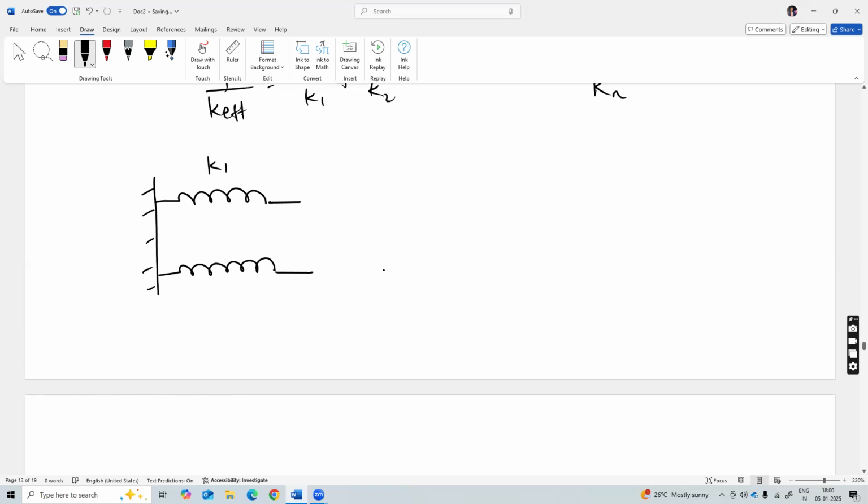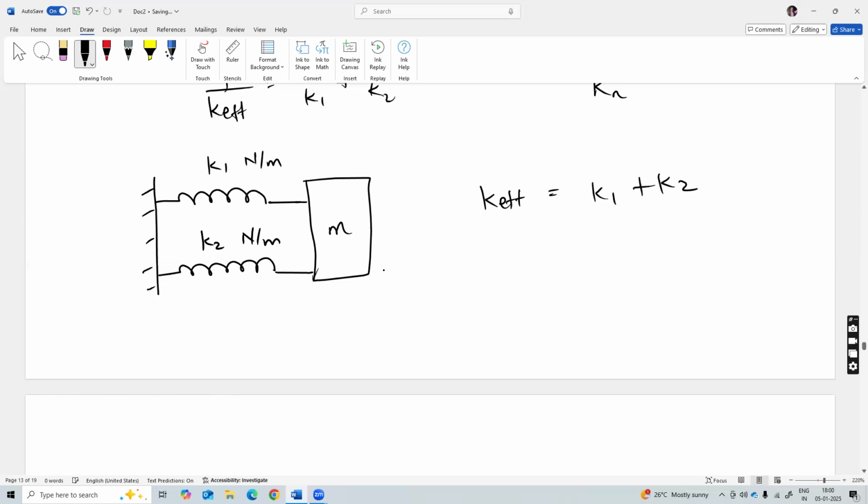Let's say this has K1 Newton per meter spring constant, this has K2 Newton per meter, and they are connected to an object of mass m. So in this case, K effective is given as K1 plus K2. When it is parallel, it is simple addition.